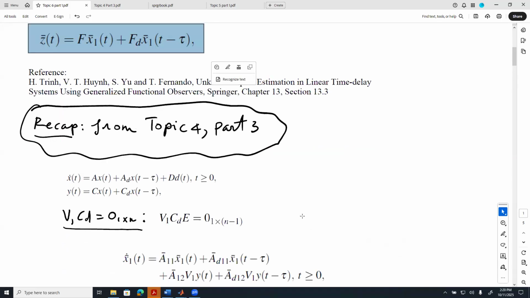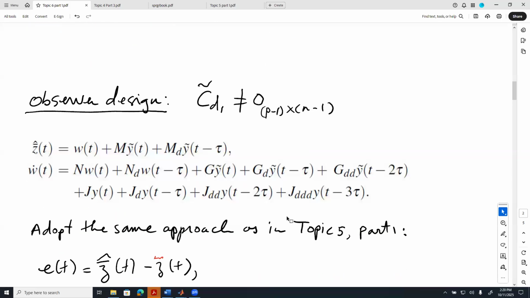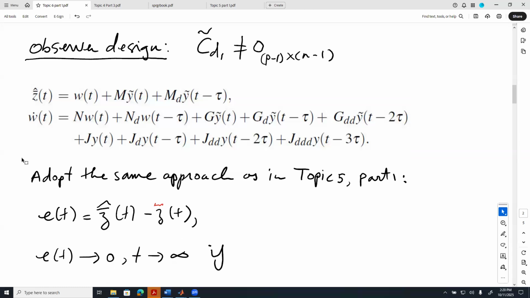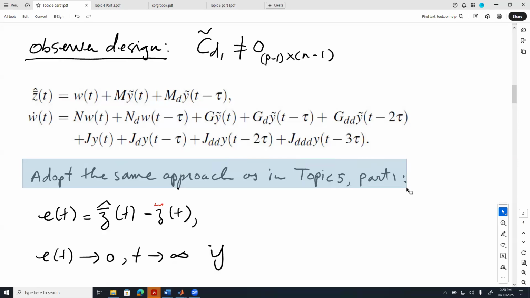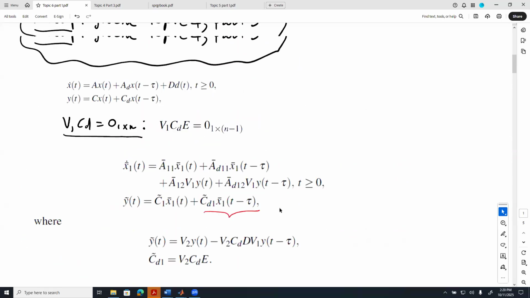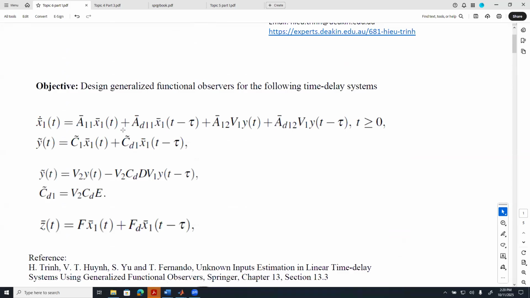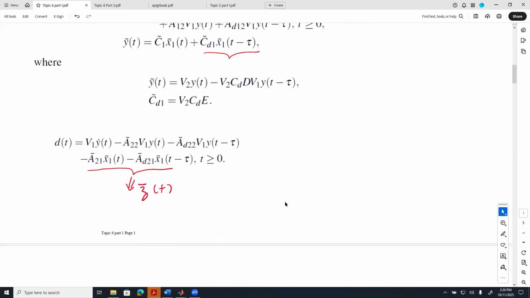So we adopt the same approach because it's pretty easy, straightforward. This same approach from the previous topic can be easily applied to solve this problem. That's why we adopt it, even if there is an extra delay term in the stack vector in the output measurement vector. We can address it in a unified way.